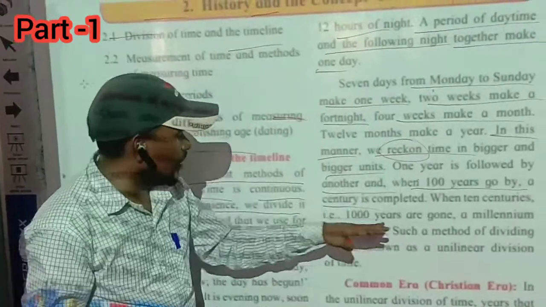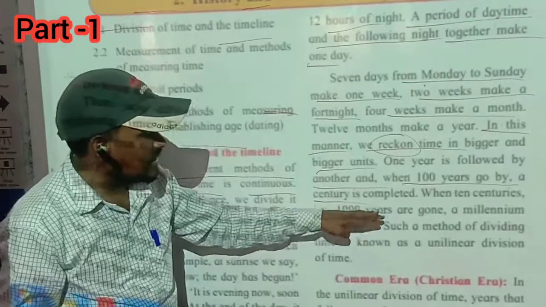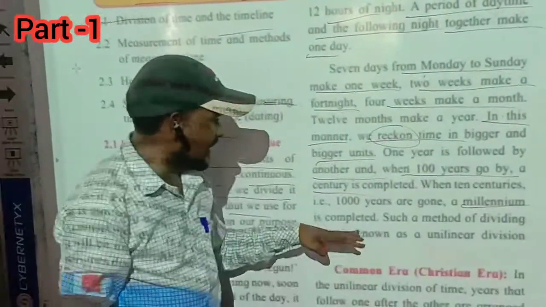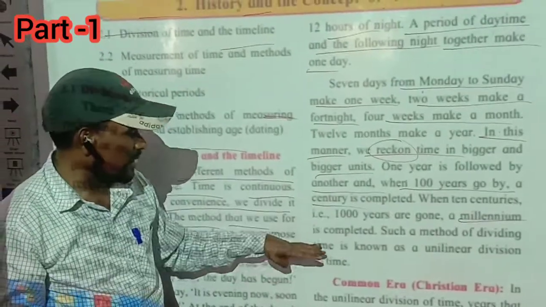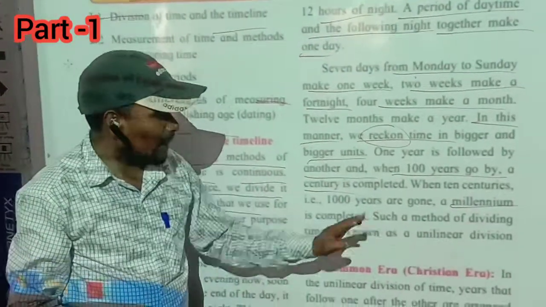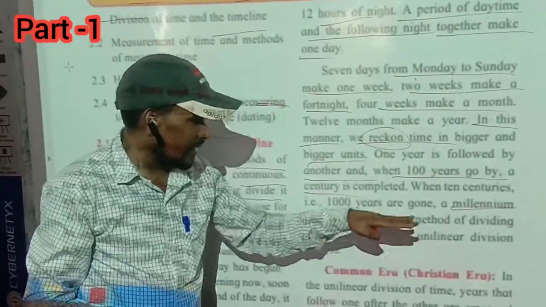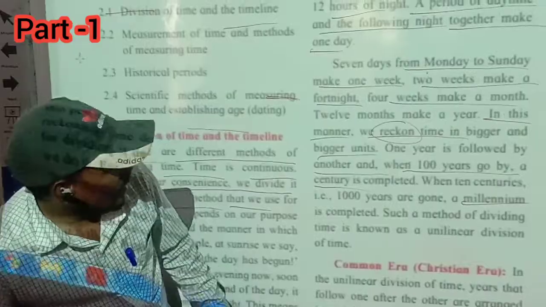When 10 centuries, that is 1000 years, are gone, a millennium is completed. Such a method of dividing time is known as unilinear division of time.